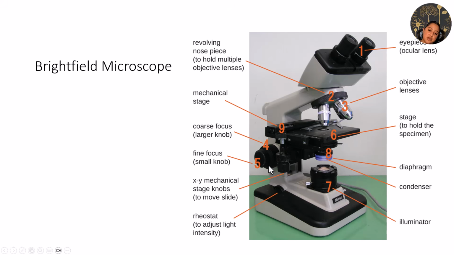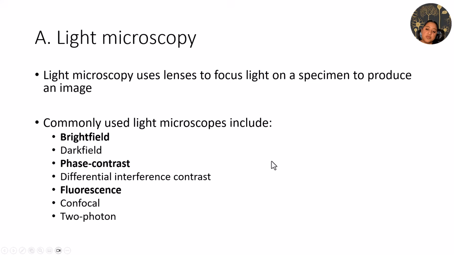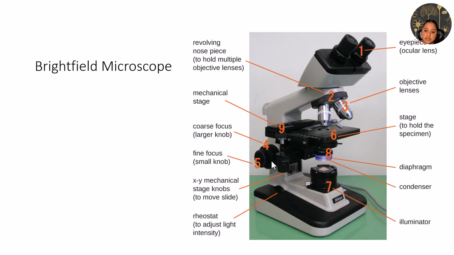There is this outer knob called the coarse focus knob, and it moves the stage up and down by a lot. You can visually see the stage move. Then the fine focus knob is the smaller knob, and that moves the same thing up and down, but just by a small increment, so you can't see it visually moving, but it is moving the stage ever so slightly. By moving the stage either further away from the lens or closer, you'll see as you look through the ocular lens, the image either get clearer or more blurry.